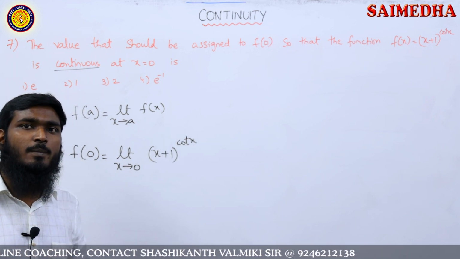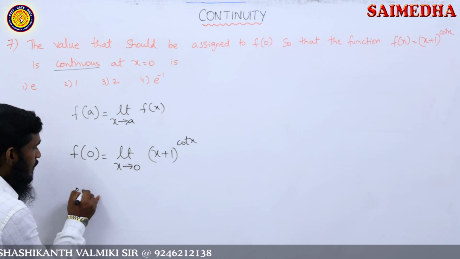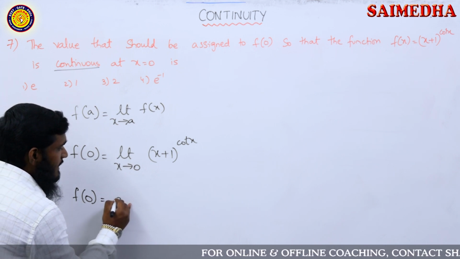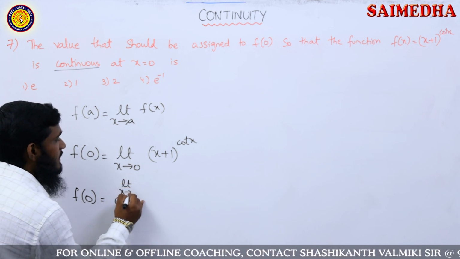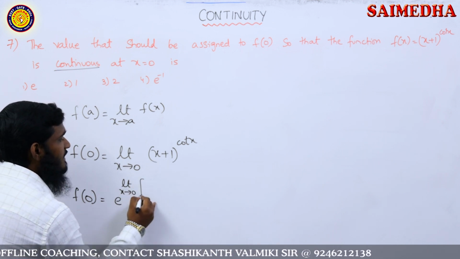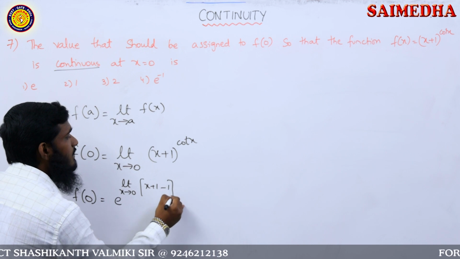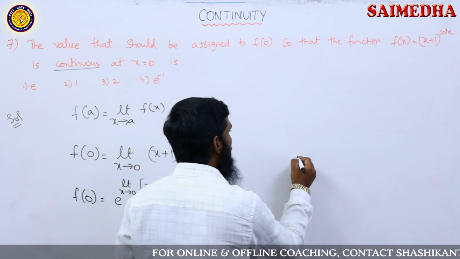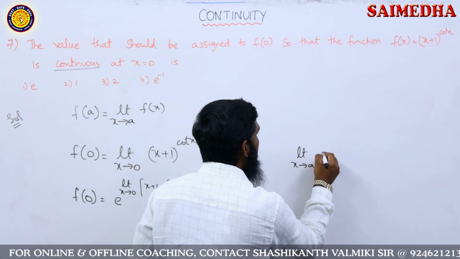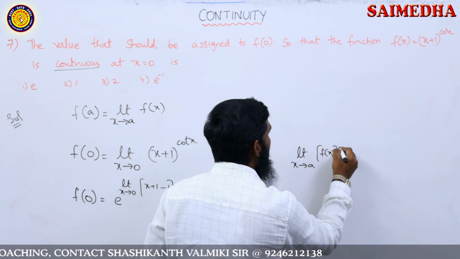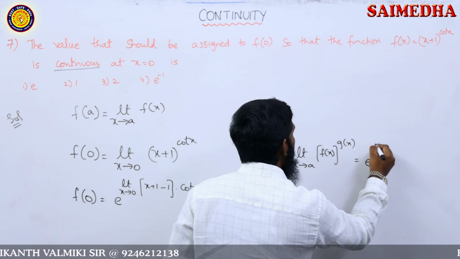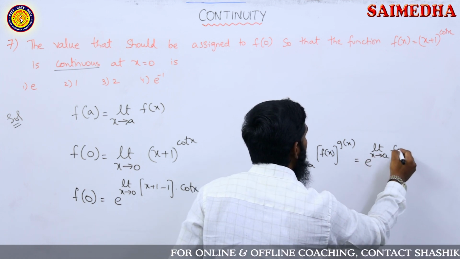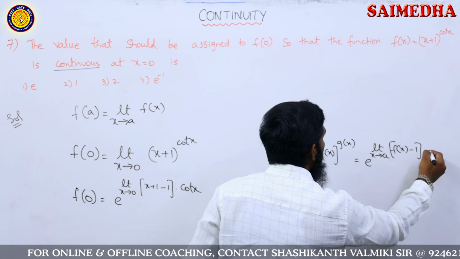Whenever we have f of x to the power of g of x, we can use the formula we already discussed: limit x tends to a of f of x to the power of g of x equals e power limit x tends to a of (f of x minus 1) into g of x.